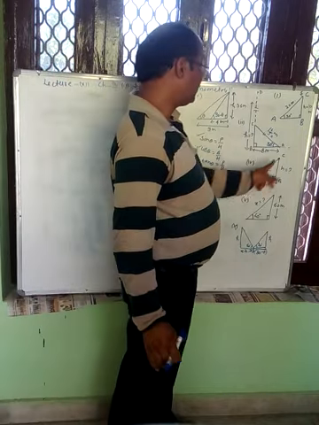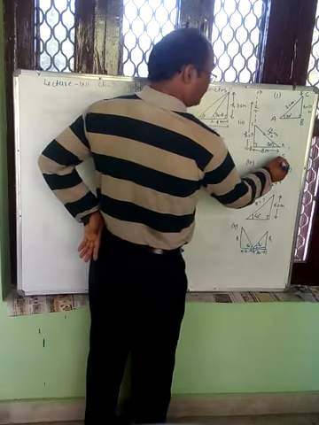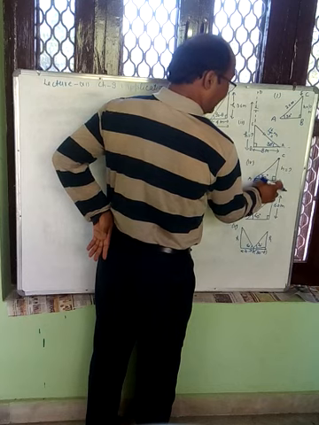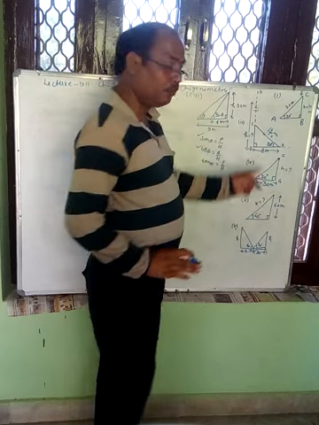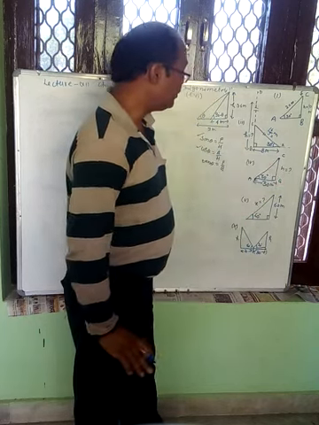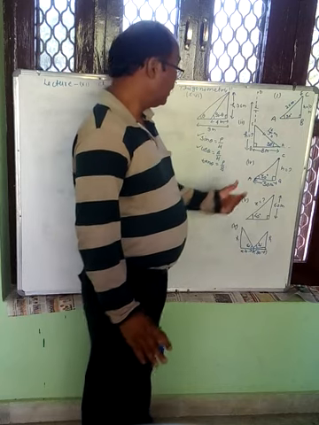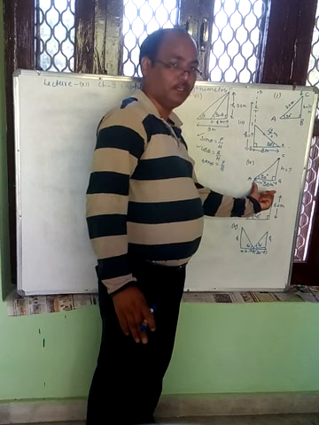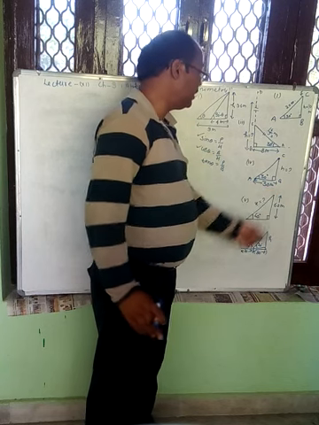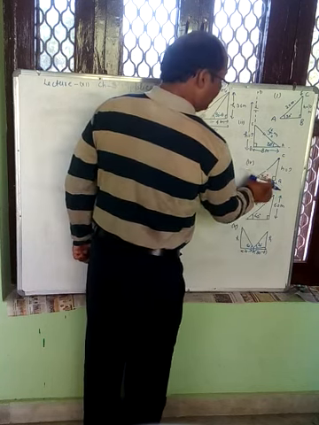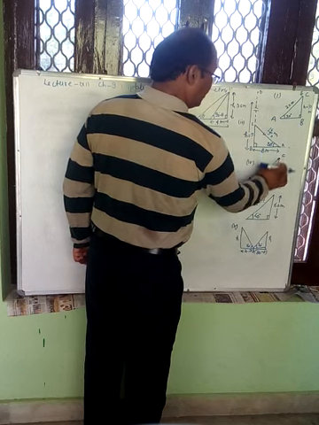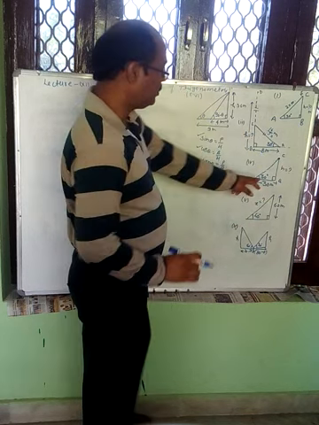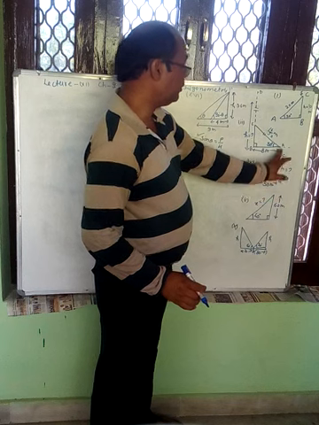Now here this is a tower and its height is h meter. We don't know the height of the tower, but the distance from the foot of the tower is 30 meter, and the angle of elevation of this tower is 30 degrees. Then find the height of this tower.